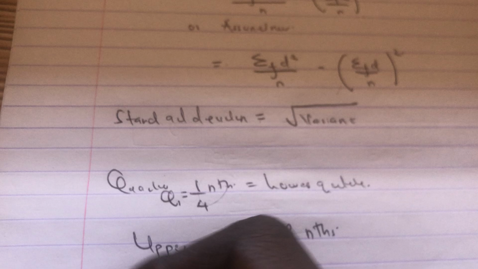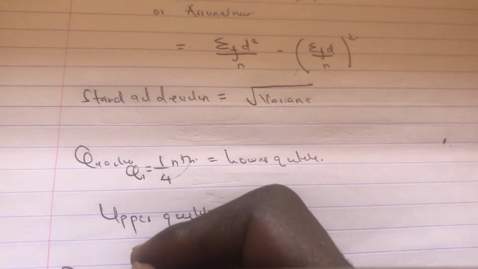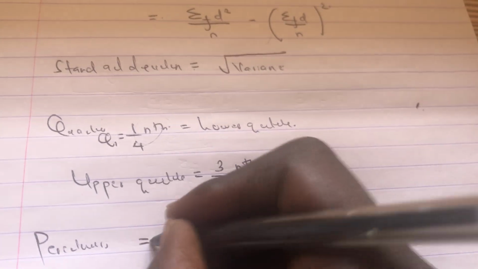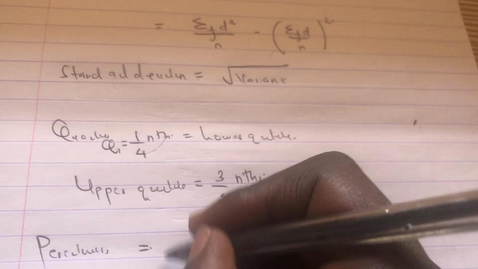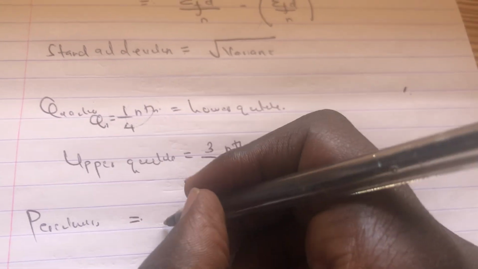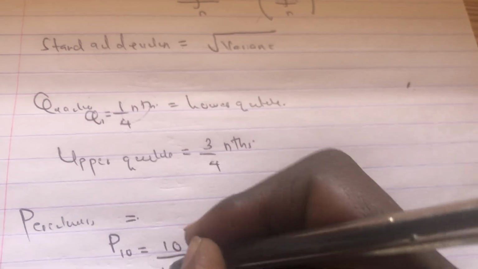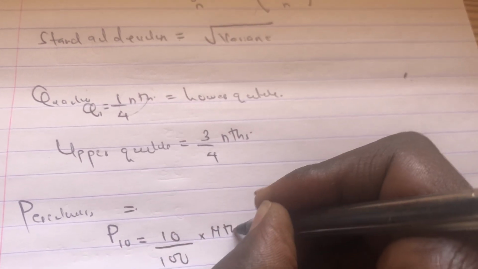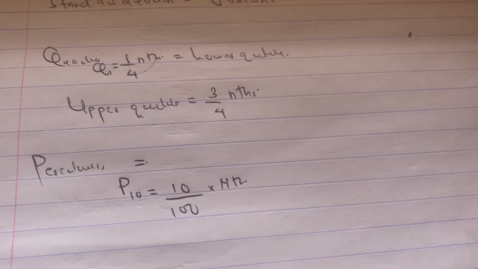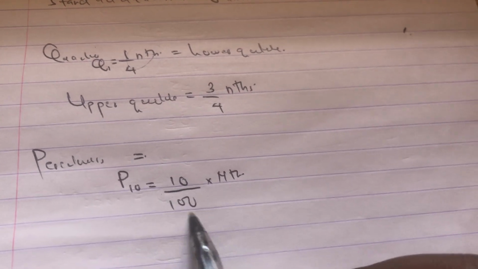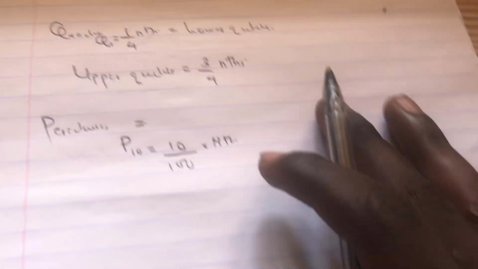Then our next one here is the percentiles. You just get the number they've asked you, maybe the 10th percentile, which will be 10/100 times the nth value. Are we together? If it is the 85th percentile, 85/100 times the nth value.